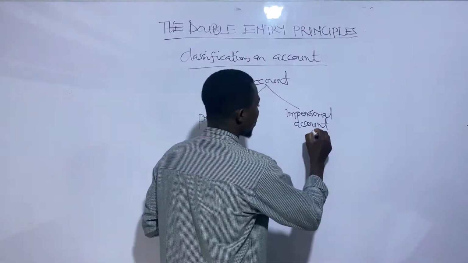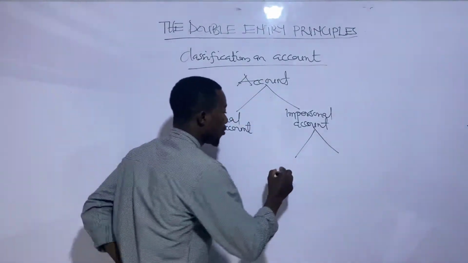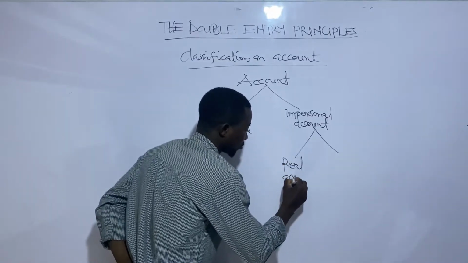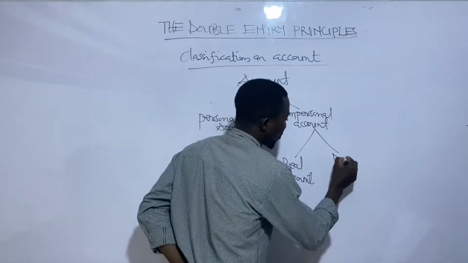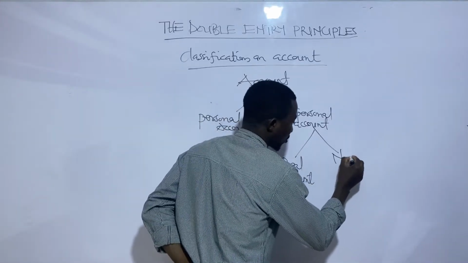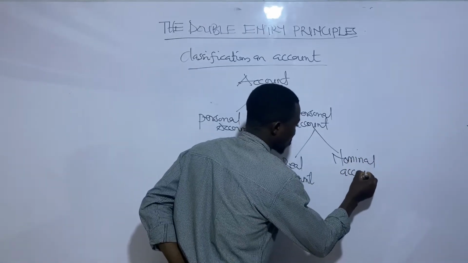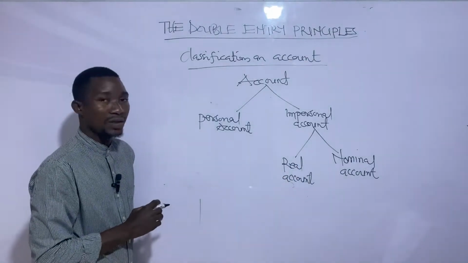We can still come down to classify the impersonal account into two, where we will have real account and then we will have what we call nominal account. So these are the two broad classification.